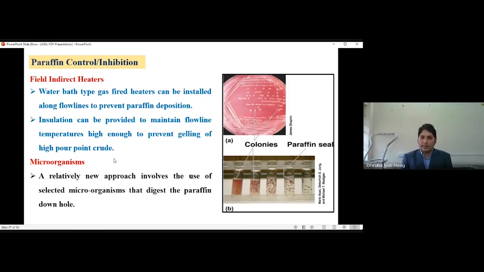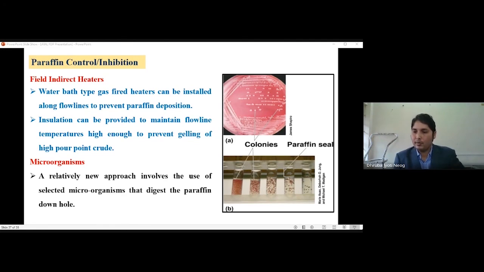And lastly, microorganisms can also be used to contain these paraffin depositions. So these are the kinds of deposits which may develop based on the flow condition of the oil system, and they may cause some hindrances in the fluid flow.